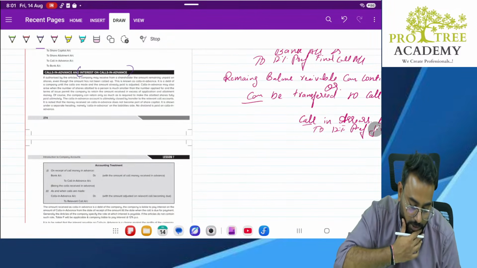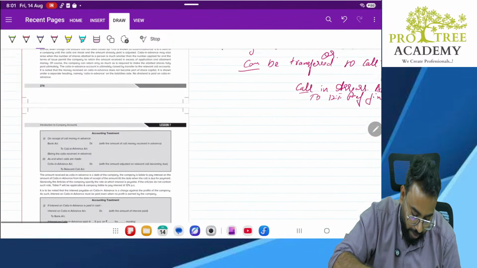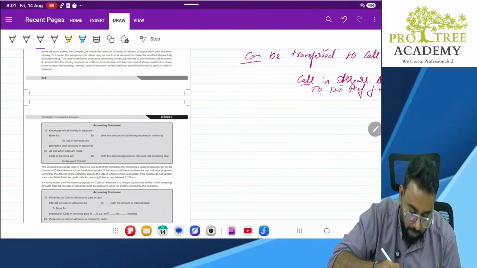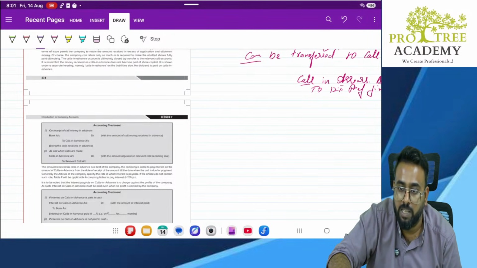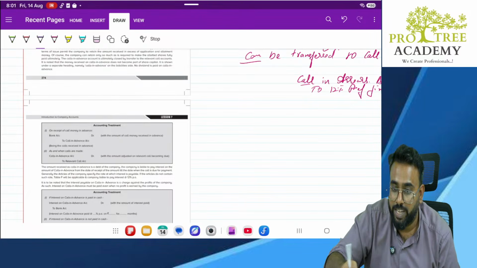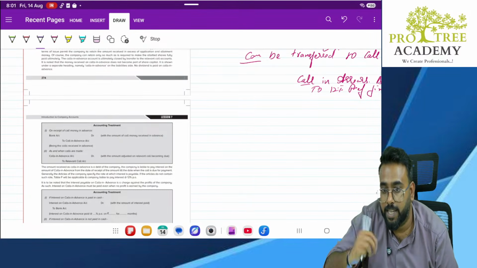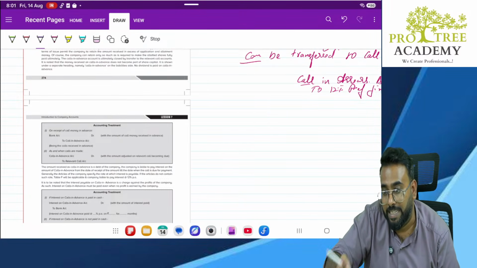On calls in advance, you can pay interest. Why do I have to pay interest, sir? Because have you not received the money in advance? Yes, sir, I have received money in advance. So, can you use that money in your business? Yes, I can use the money in business. So, does it mean that you are taking the benefit by receiving the money in advance? Yes, sir, I am taking the benefit.